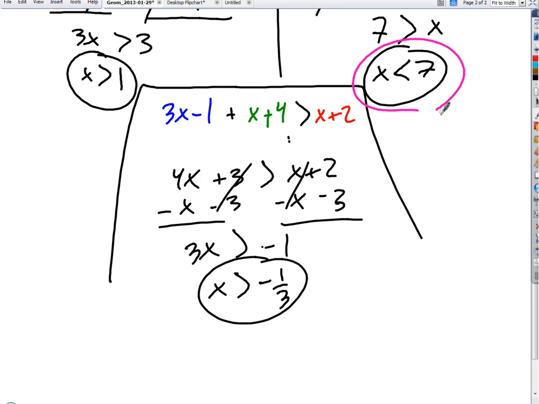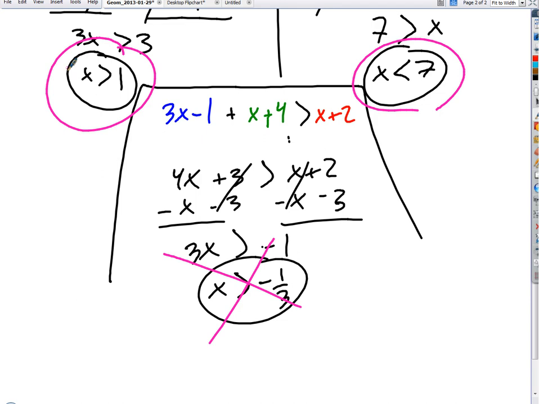But both of these guys over here are saying x is greater than some smaller value. Well, which is the only one of those two that will work in both cases? In other words, are all numbers greater than 1 also greater than negative 1/3? Yes, but are all numbers greater than negative 1/3 also greater than 1? No. So we've got to toss that one, right? So we end up with these two statements that we use.